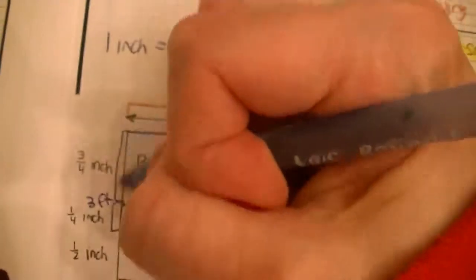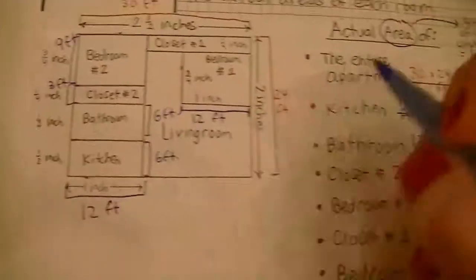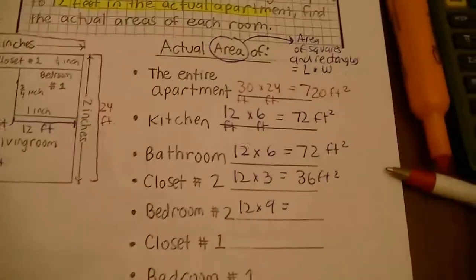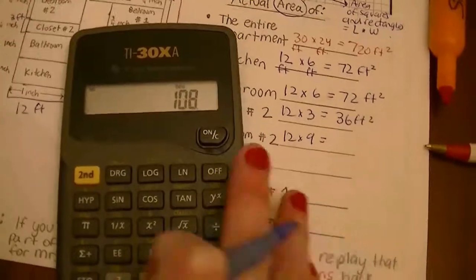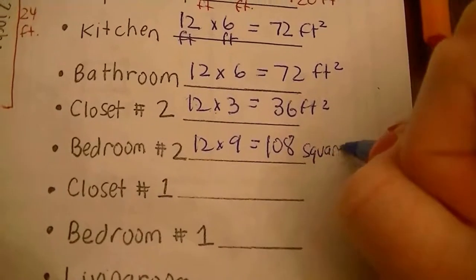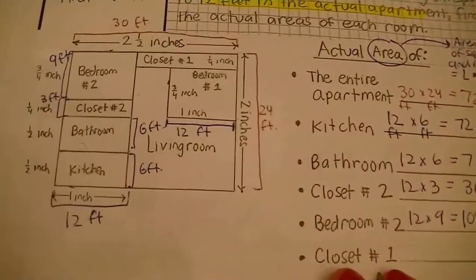This bedroom right here, from there to there is 9 feet. 9 by 12, or 12 by 9. 12 times 9 is 108 square feet. Those are interchangeable. Okay, closet number 1.